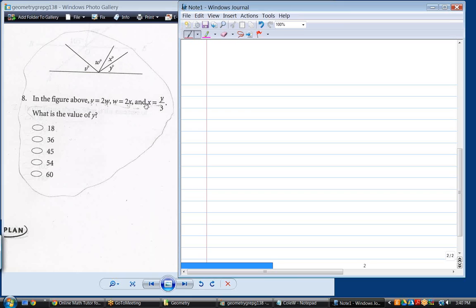Well, what's the value of y? What kind of an equation can I write here? Just looking at this alone without any of this information, what equation would you be able to write?